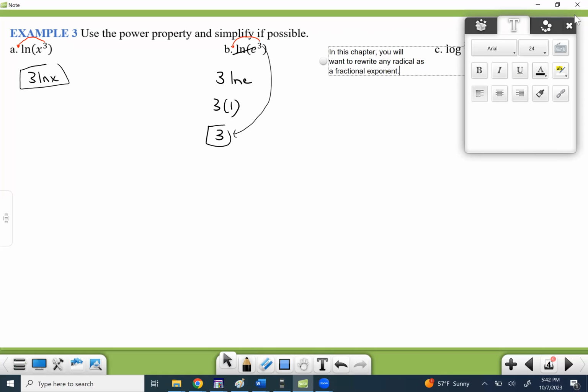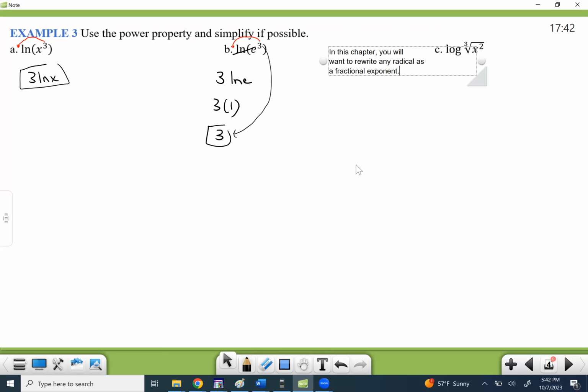So we're going to rewrite this as log of x to the 2/3 power.